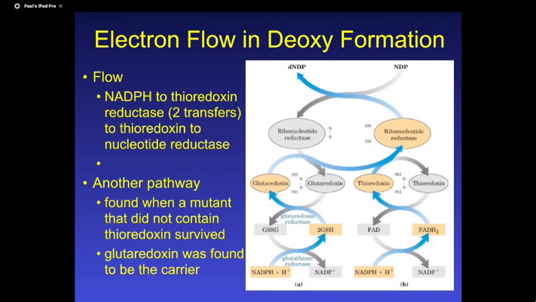What is also very strange is the flow of NADPH. Usually it goes through NADPH to FADH2, FADH2 to thioredoxin, thioredoxin to the ribonucleotide reductase, so that we can make the DNA.